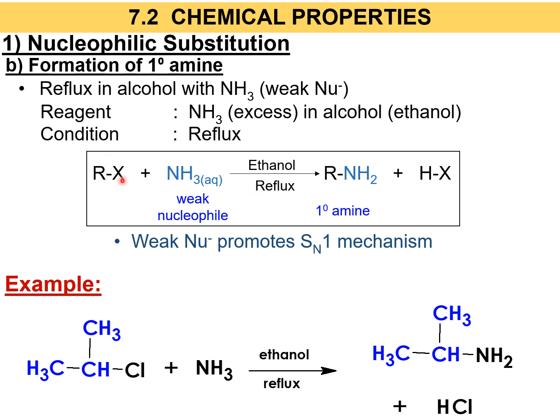This X will be replaced by NH2. One of the H dekat NH3 ni akan bergabung dengan X ni lah once dia dah left this haloalkane. So that's why bukan NH3 lah yang dia masuk dekat sini. NH2. Okay, because why? Okay, Miss tunjukkan lah.